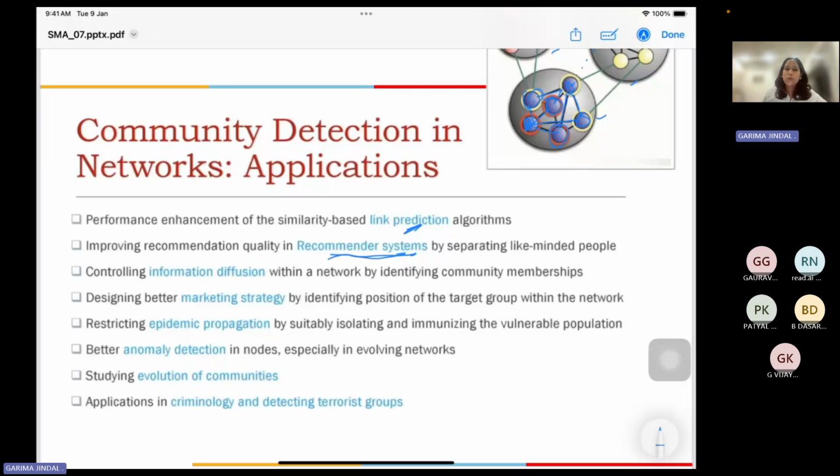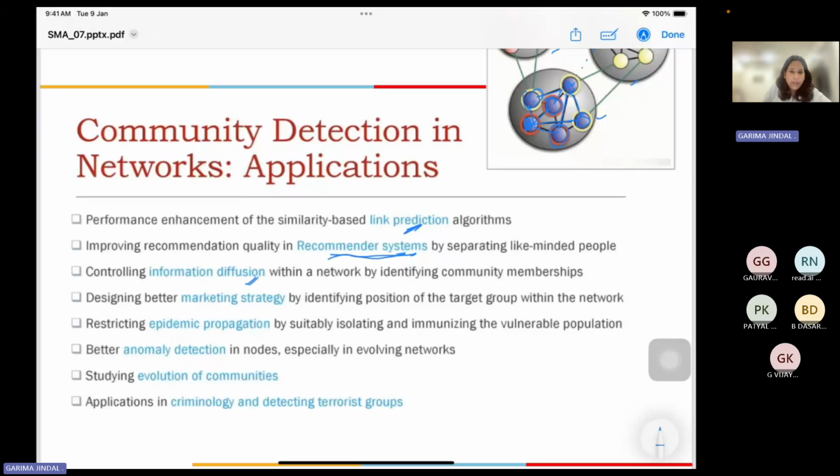For example, I belong to the student community, and on the other hand, I also belong to the professors community. Based on my role and my communities, the system could recommend me different things. That is how recommendation systems also require the identification of communities.